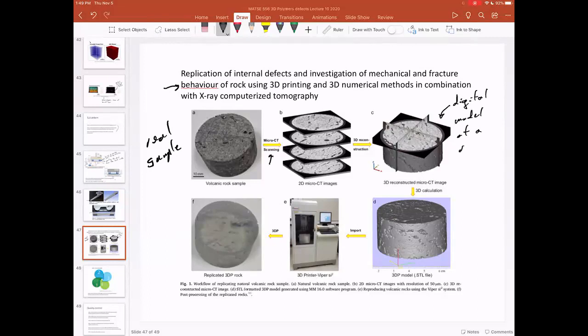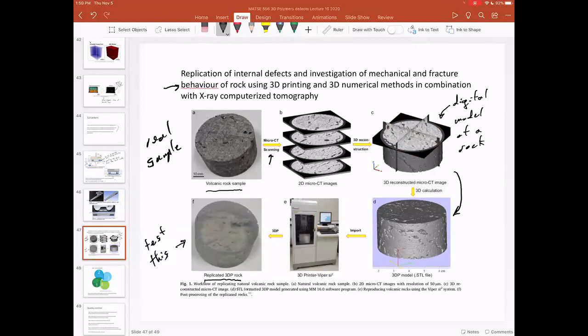And instead of breaking this volcanic rock specimen, which is very expensive to get because you have to go to a volcano, then you have to drill a core, and that takes time and money, you might just want to make a reproduction of that rock from your digital model, and then you print it, and now you have a replicated 3D printed rock that you can test.